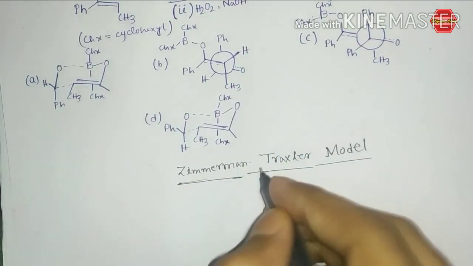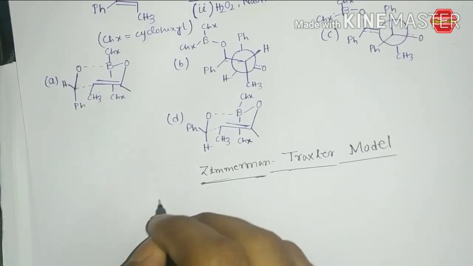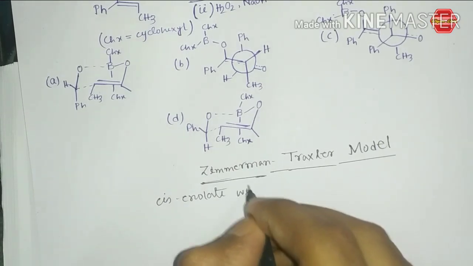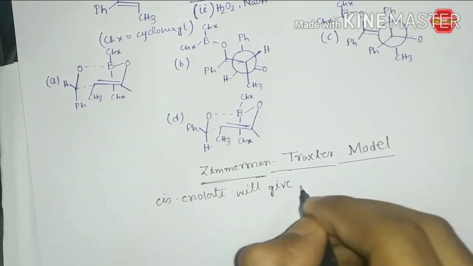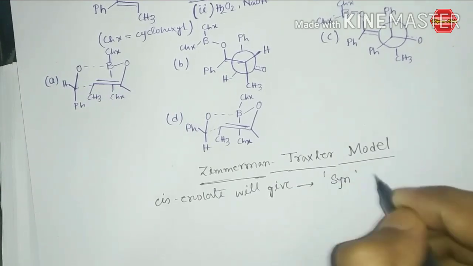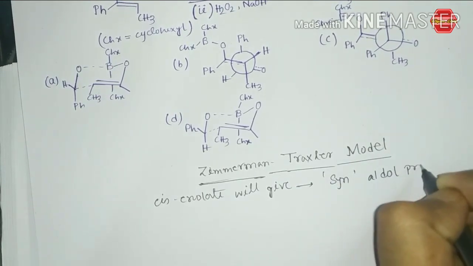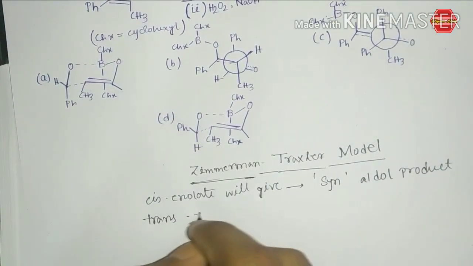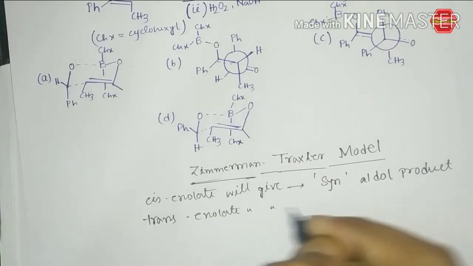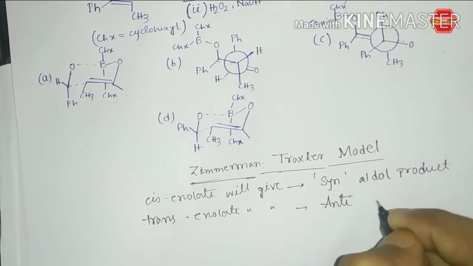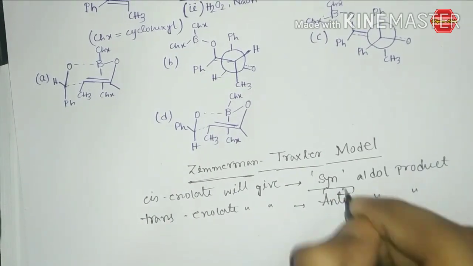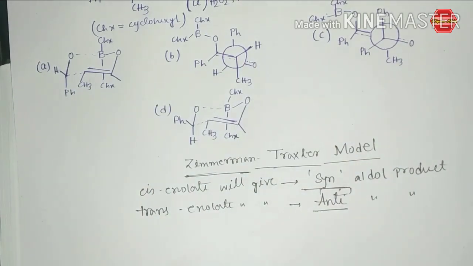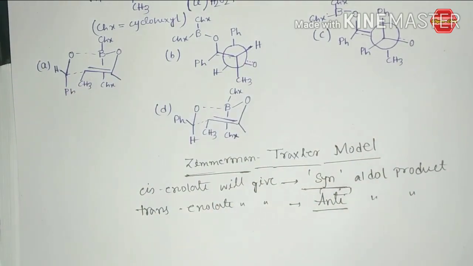This model says that cis enolate will give syn aldol product, and the trans enolate will give anti aldol product. These two are basic things, and after that we will move on to the transition state.